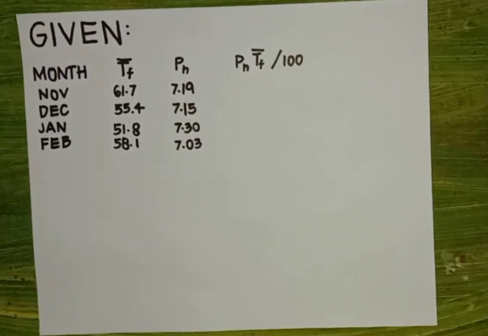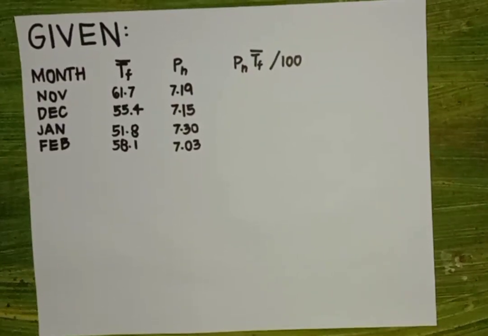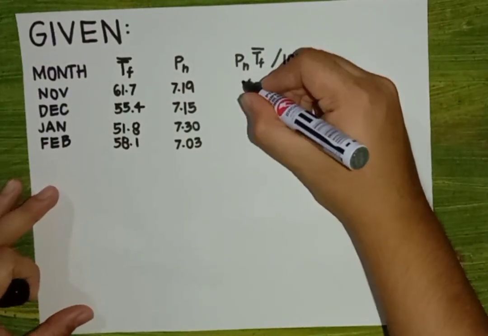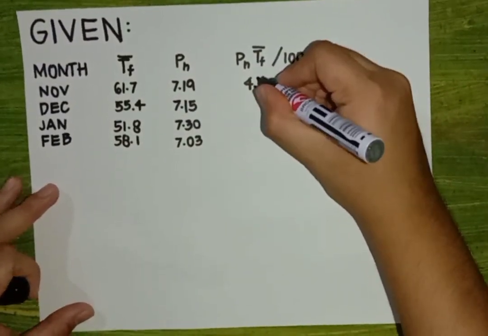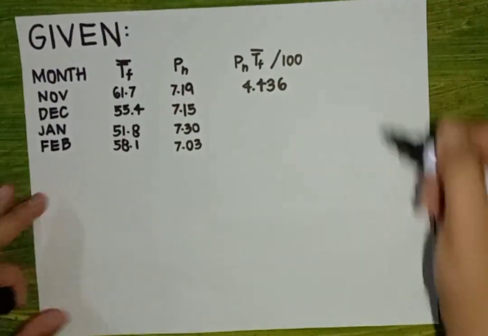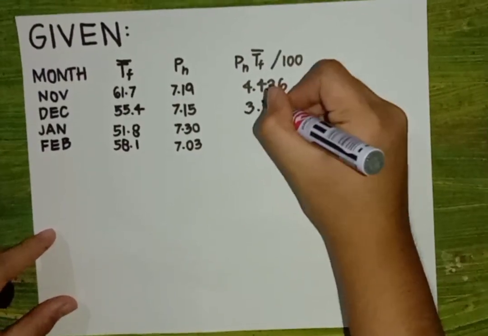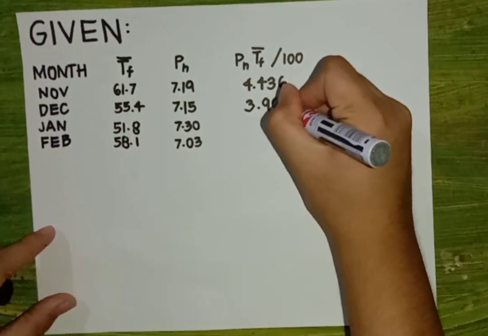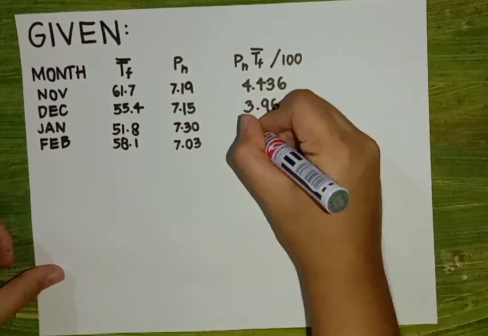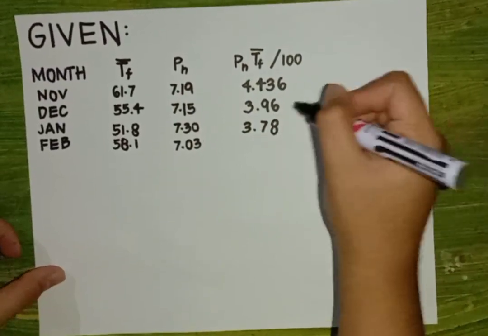Given the formula P sub H times T sub F divided by 100, for the month of November, we will obtain 4.436. For the month of December, we will obtain 3.96. For the month of January, we will obtain 3.78.